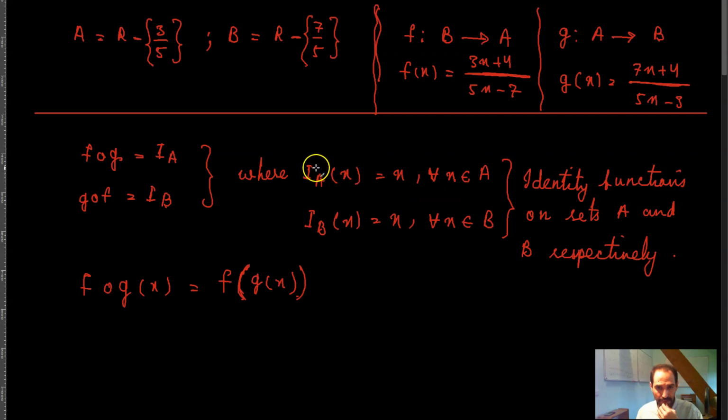That means that this function f o g, if I call it I of a, if the argument is x, then the output becomes x for every x belonging to the set A.